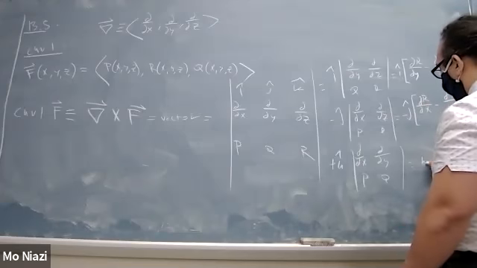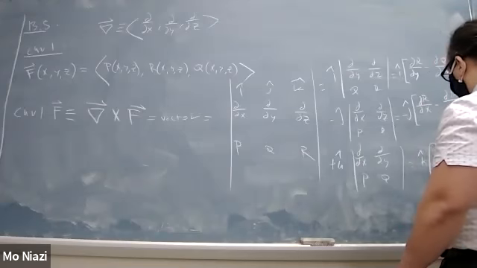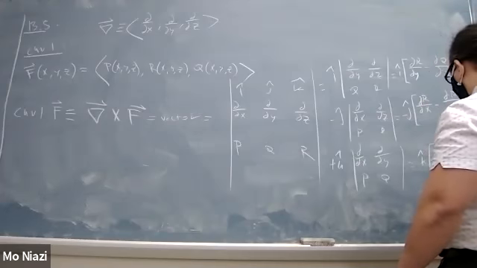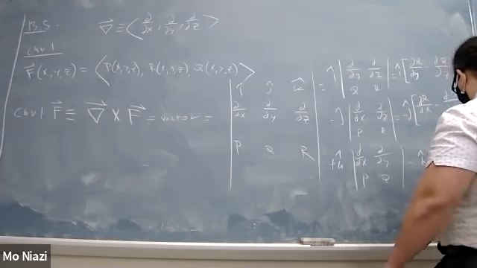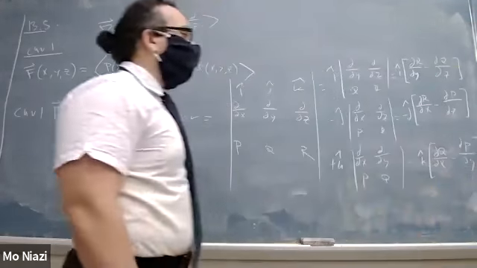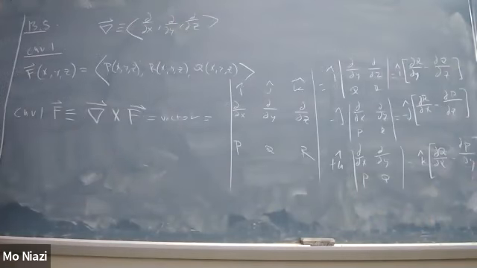This becomes k hat, partial Q, partial x, minus partial P, partial y. And that is exactly what the curl of F is.